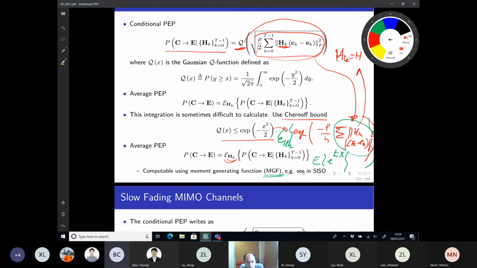If you have correlation between antennas, the entries of the channel H, you can take this into account too. You just get more complicated moment generating functions. If you have something other than Rayleigh fading, like Rician fading with the presence of a line of sight, you can do this as well. It just makes it more complicated, but the philosophy is always the same. You start with your conditional pairwise error probability, conditional on the realization of H, you upper bound this using the Chernoff bound, and then you compute a moment generating function.